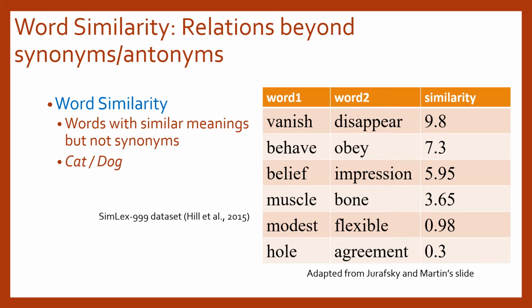For example, cat and dog. These are not synonymous to each other, nor antonyms of each other, but whenever we talk about pet animals, cat and dog often come in a similar kind of environment. So they are related.